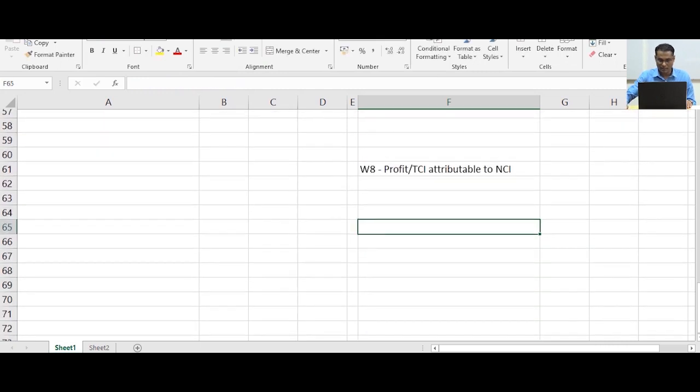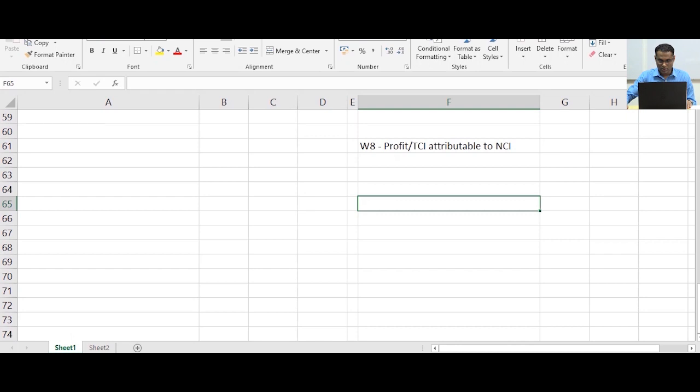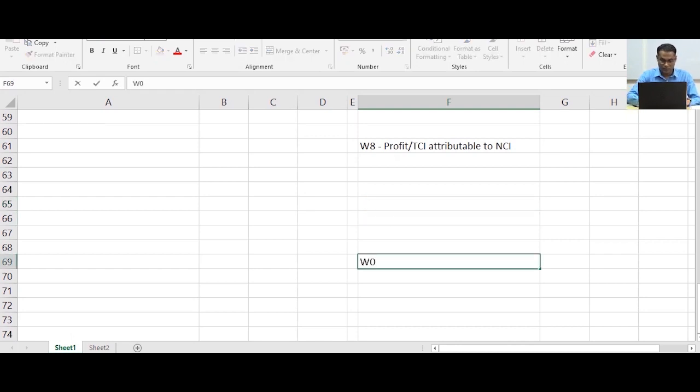And working number 9 will be share of associate profit after tax, PAT. PAT means profit after tax. So these are the workings that you require in this question.